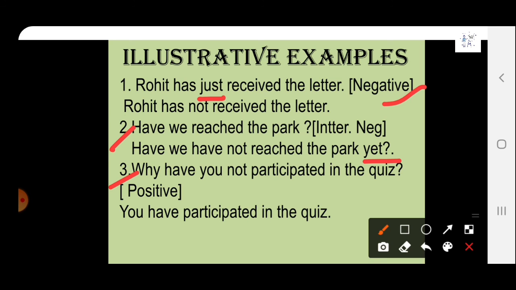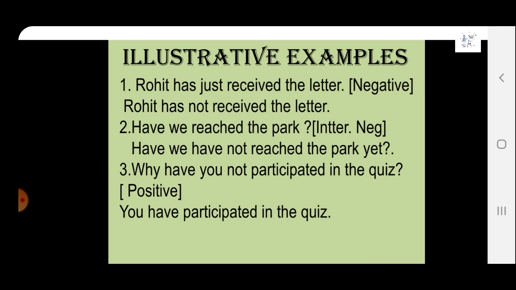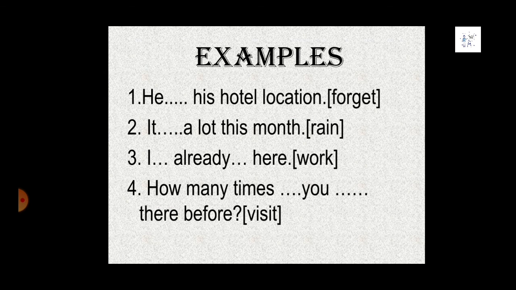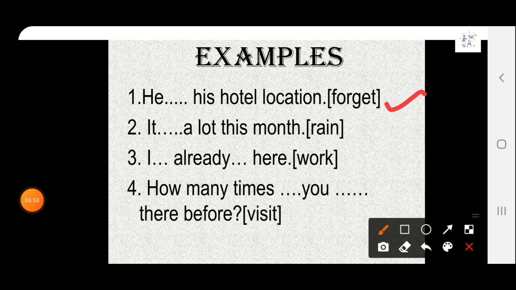Some more examples I have taken, where we are supposed to fill the form of the verb in the blanks. How will we do it? First is, he dash his hotel location. In the bracket we have the verb form forget. As we are doing present perfect tense, it means we have to use has or have according to the subject, that is singular or plural.